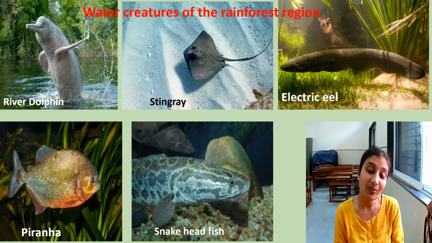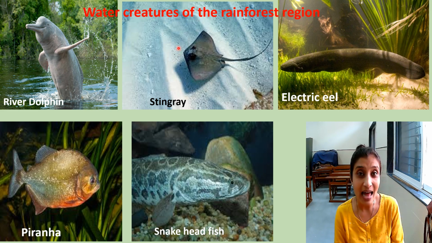Children, apart from these forest animals, we also have water animals in the equatorial forest. The warm waters are filled with varieties of both small and large water creatures like river dolphins, stingray, electric eel, piranhas and snakehead fish.